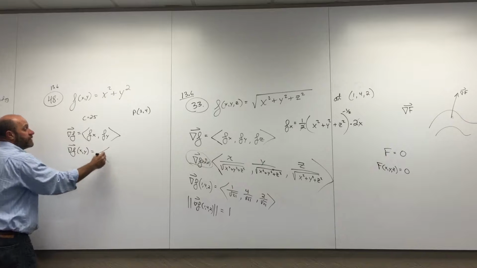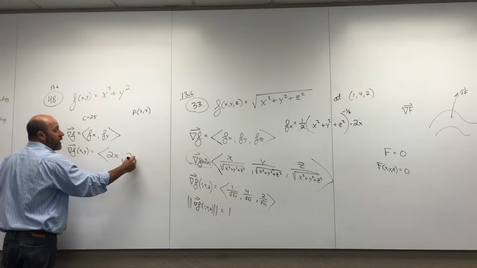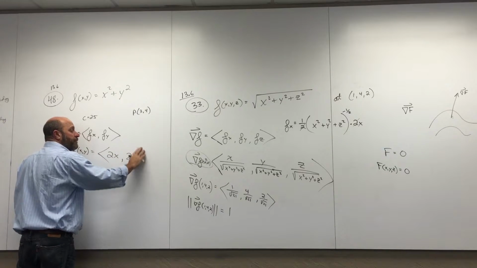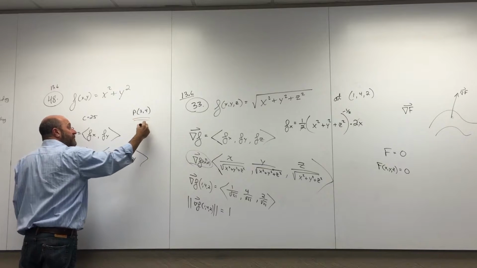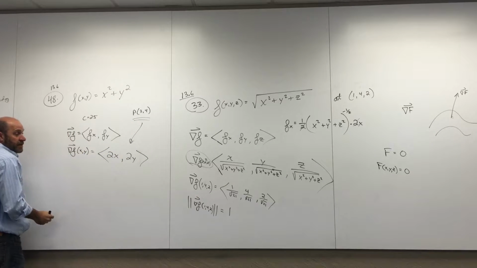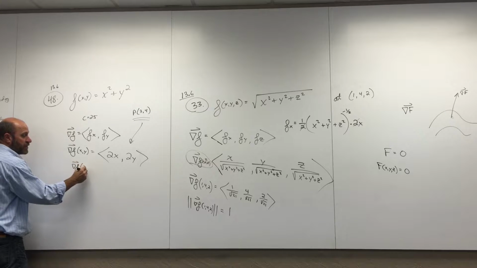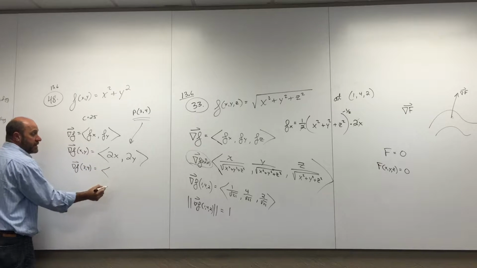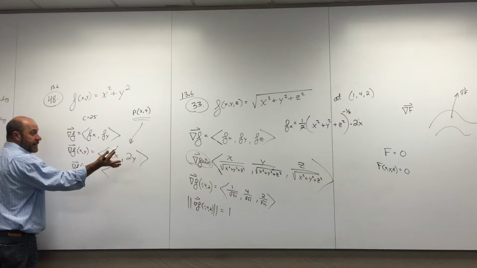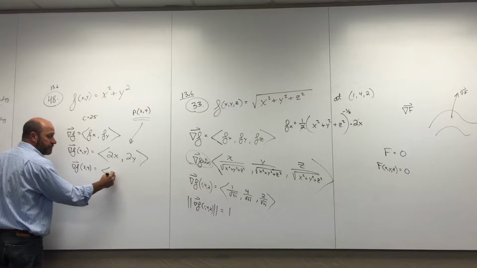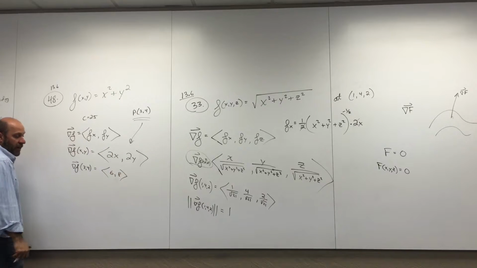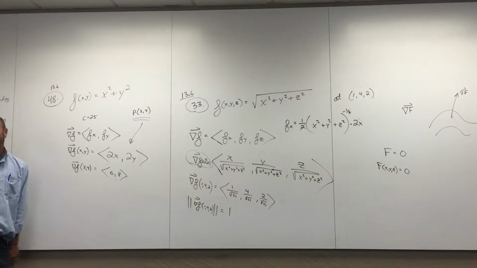What is it? 2x, 2y. At this point, I can plug it in and get an answer. The gradient at the point 3,4 is 6, 8, I guess. So I've answered their question. I'm done. I'm finished.